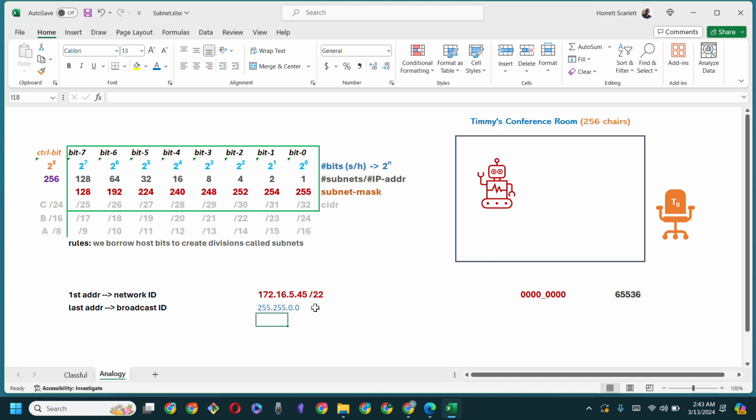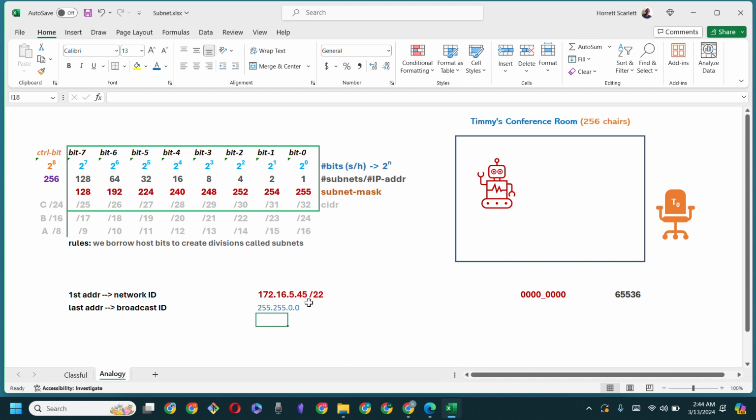So we need to determine which octet we are actually working in. Since this is a Class B IP address, we are going to be working in the 3rd octet. We know that the first 2 octets are all being used for the network portion, so if we are going to borrow host bits, we start borrowing from the 3rd octet.